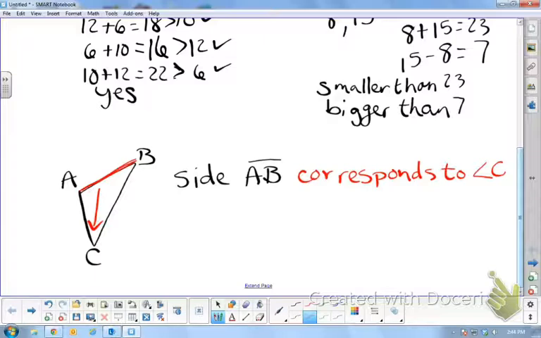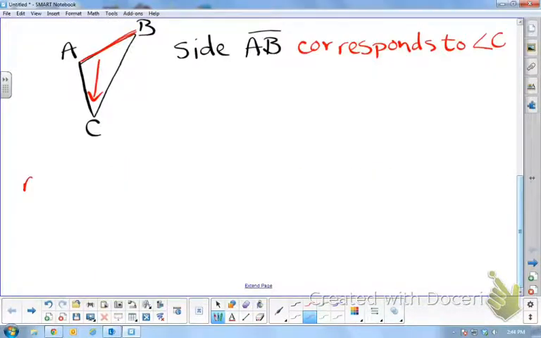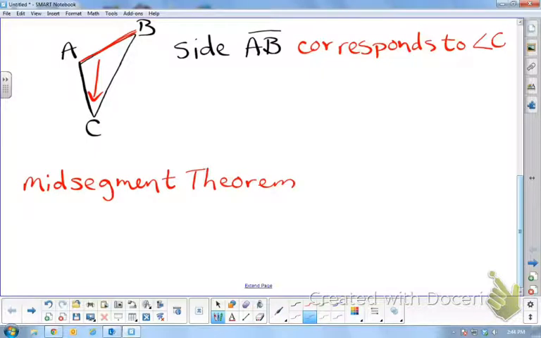And then also in that first section, we talked about the mid-segment theorem. Mid-segment theorem talked about the fact if we take a triangle and draw in its mid-segments.